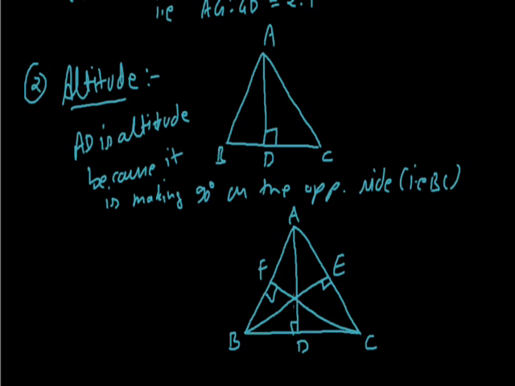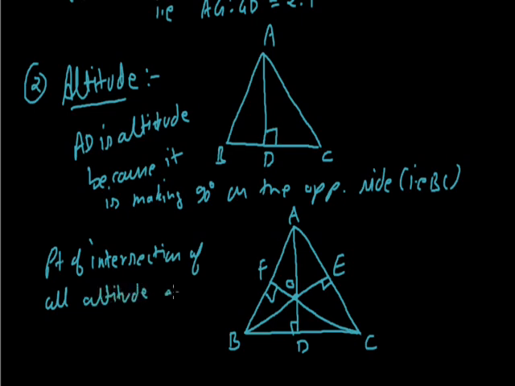Now where all three altitudes meet, let's say this point is O. The point of intersection of all the altitudes of a triangle is known as the orthocenter.